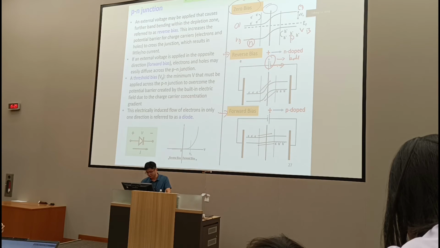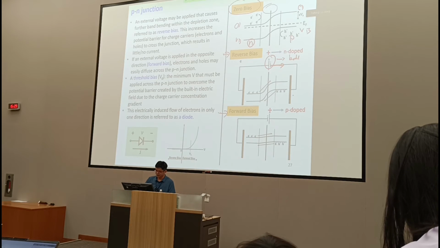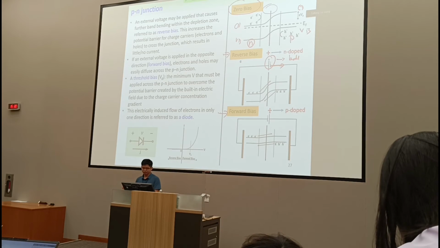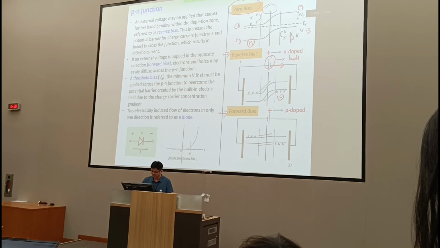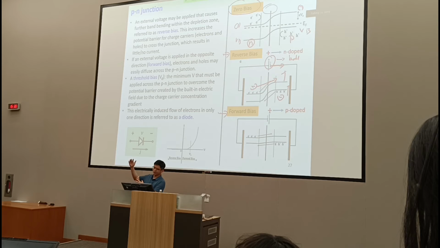If your negative end is connected to the p-doped region, there is no current flow, because if this side is negatively biased, these energy levels will push up. If the electrons want to cross to the right side, they see a much higher barrier, right? You cannot cross.